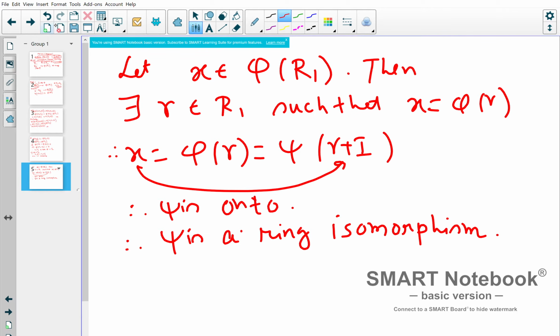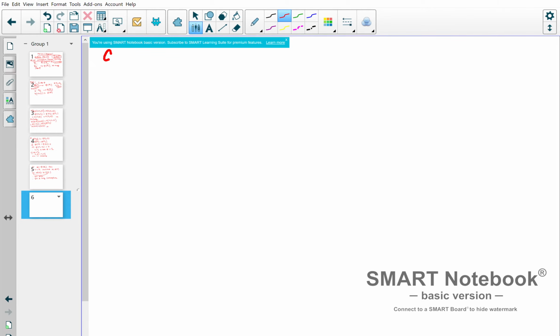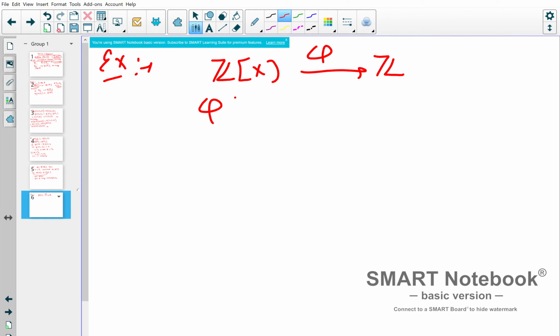Now let us discuss the example that I discussed many times, that you have this polynomial ring, and then you can have Z, and your natural homomorphism. So phi of f of x equals f of 0. Remember, this is the constant term. So in the polynomial you are sending it to the constant term. Okay, and this was obviously a homomorphism.